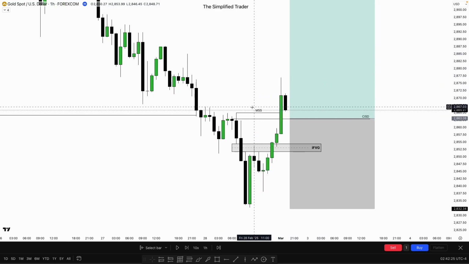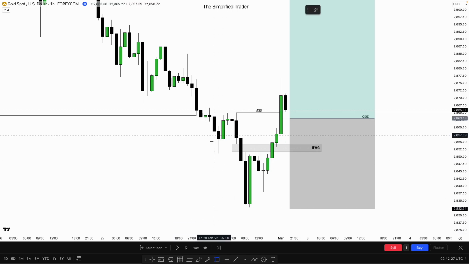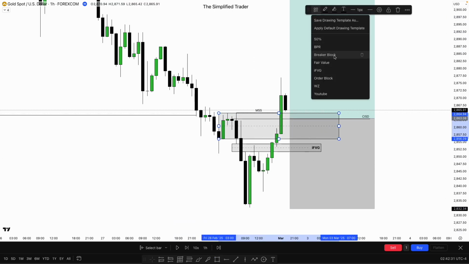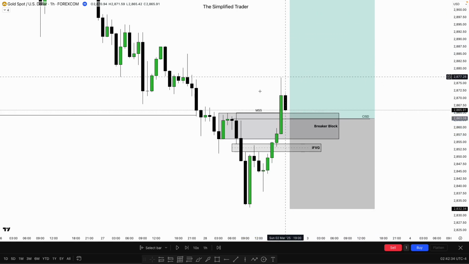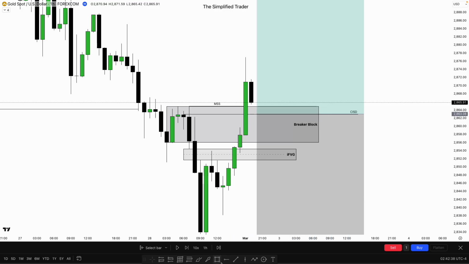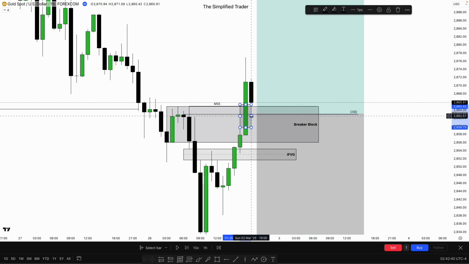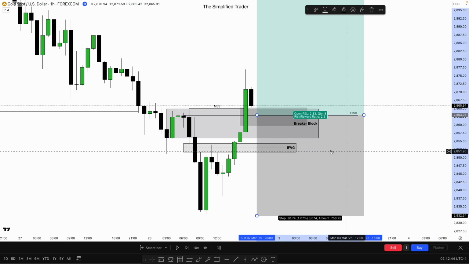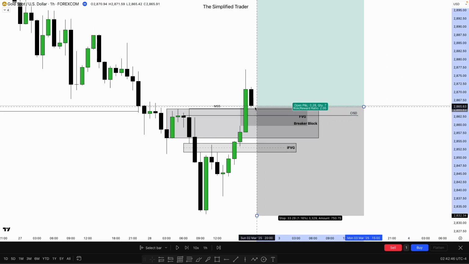Something else is we do have a market structure shift, and we have this breaker block resting over here. So overlapping that breaker block, do we have a fair value gap? We do. We do have this fair value gap that overlaps the breaker block, and so you can take your entry at the retest of that fair value gap, or at the order block, or at breaker block low.